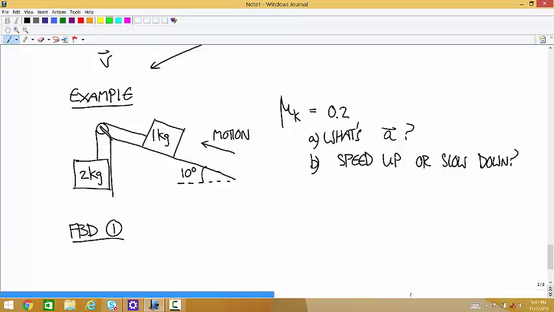For this one, our coordinate system is going to have the y-axis pointing out and the x-axis like that. By the way, when we get to the hanging mass, there's no reason we have to use this same coordinate system, and we're just going to switch to a normal coordinate system for this one.